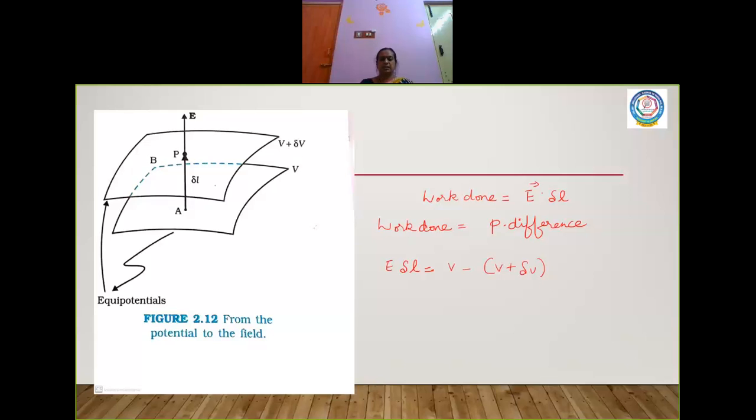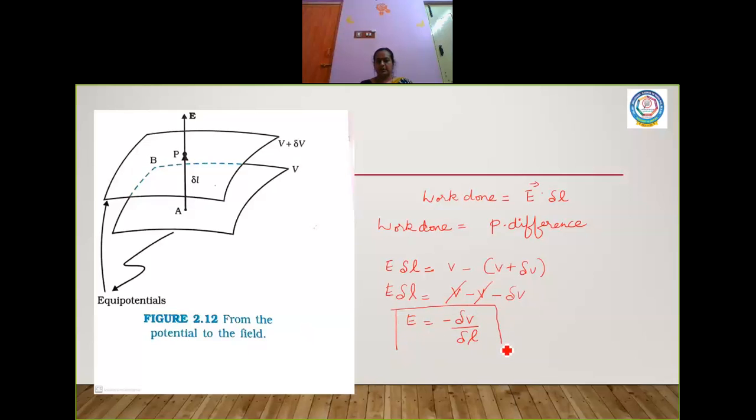So work done, E dl is equal to V minus (V plus del V). Now simplify this. So you have E dou L equal to V minus V minus dou V. Here this gets cancelled. So here I can write E is equal to minus dou V by dou L.